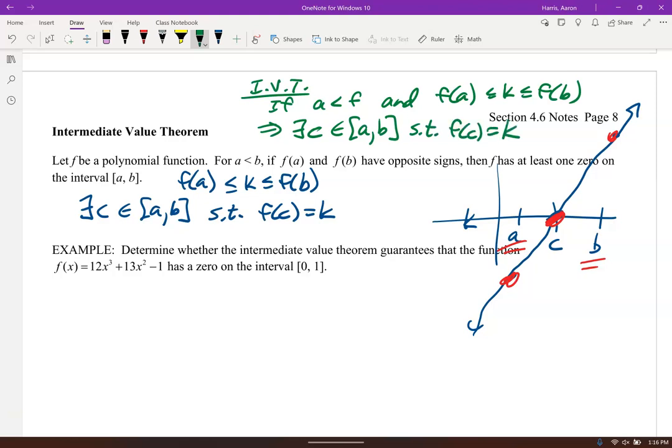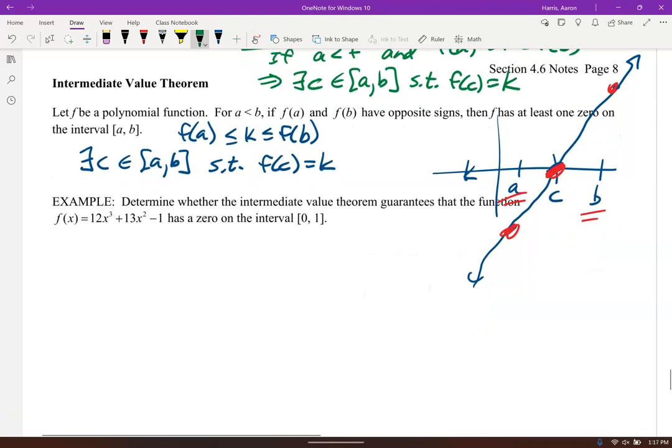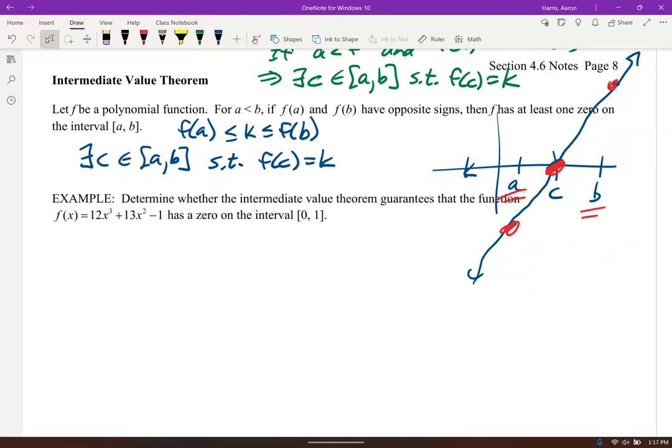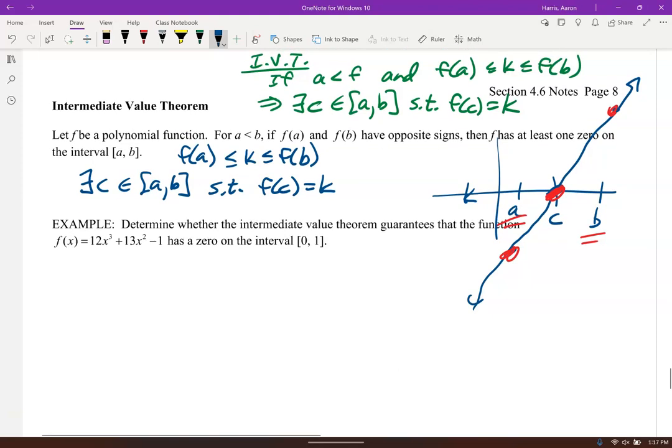We're just looking at it for k being 0. So like for this first one, how about for 12x cubed plus 13x squared minus 1? Well, let's find, what does f of 0 equal? Let's find out. Does this thing switch signs from 0 to 1?